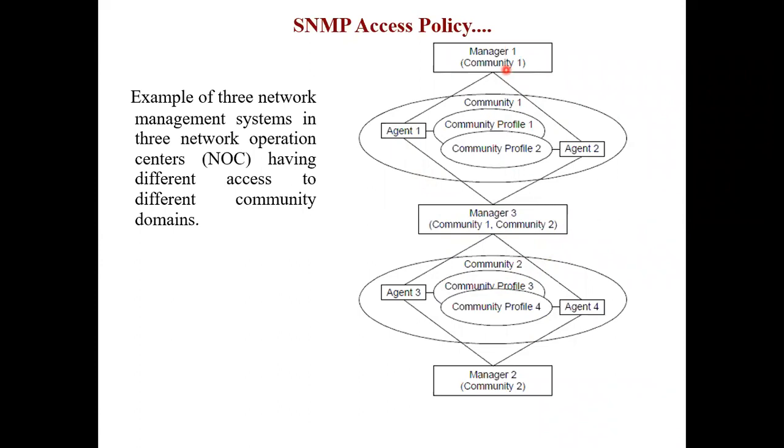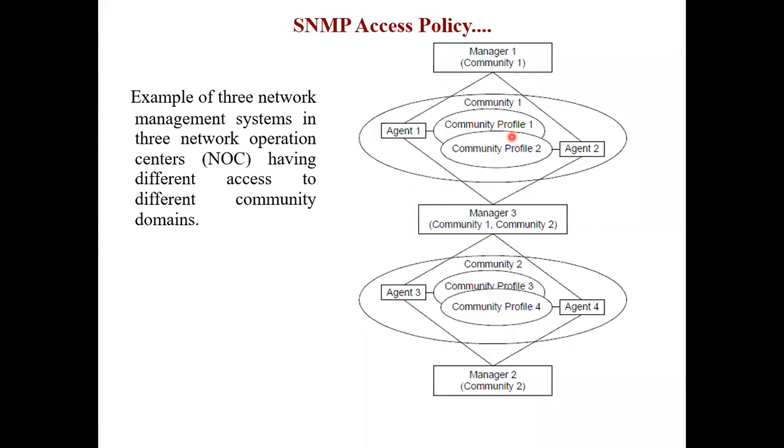When I'm sending the data, any get message, set message, or trap message, how will I know that it is coming from a manager or an agent belonging to community 1 or community 2? When I'm talking of the field structure, the packet that I'm going to send, my message is encapsulated in a packet. That is the work of SNMP that we have seen. In the encapsulation, the very first field will be the community name or community profile.